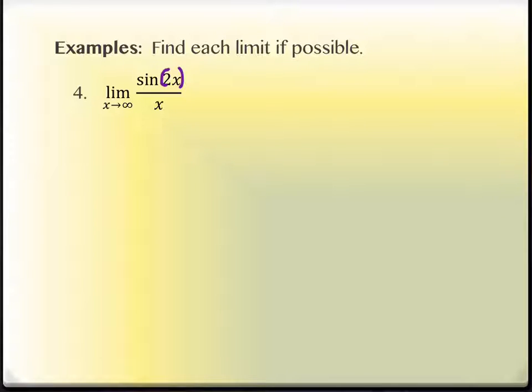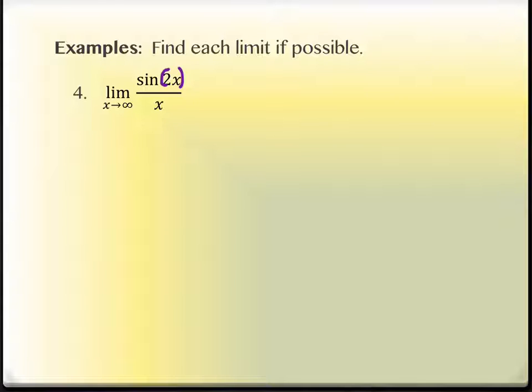So it's not a constant, but it kind of is, right? It doesn't get increasingly large or increasingly small. It keeps bouncing up and down between 1 and -1. So I'm going to do the math for this in a moment, but just imagine what the graph is doing. If you're bouncing up and down between 1 and -1, but you're dividing by something that's getting infinitely large, what's going to happen?